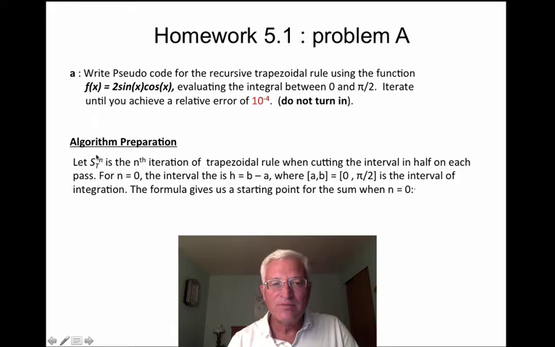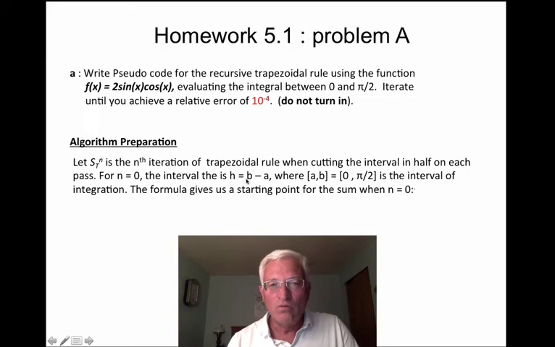But to keep it simple within our algorithm, we're going to call this whole term S. It will represent a sum of trapezoids. The n will be our recursion number, which will start with 0. Very crudely, we will take one trapezoid covering the entire interval itself and calculate its area and claim it's a very rough approximation for our integral.